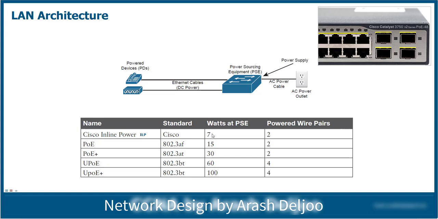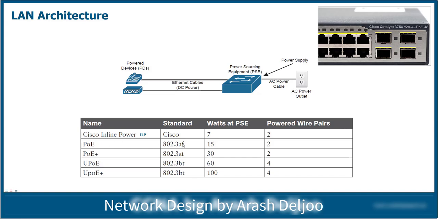When we are negotiating the power capability with the other side, one of the things we should negotiate is the class of power that the device needs. For example, one IP phone needs some amount of power, and maybe one access point needs more power. Because of that, we have some classes of power. For example, one of them is PoE.